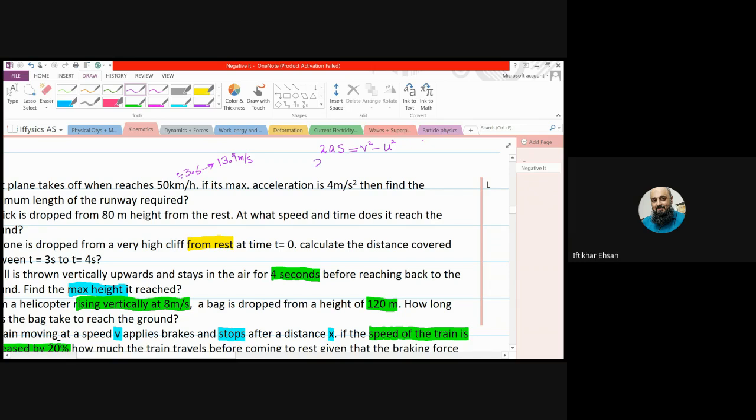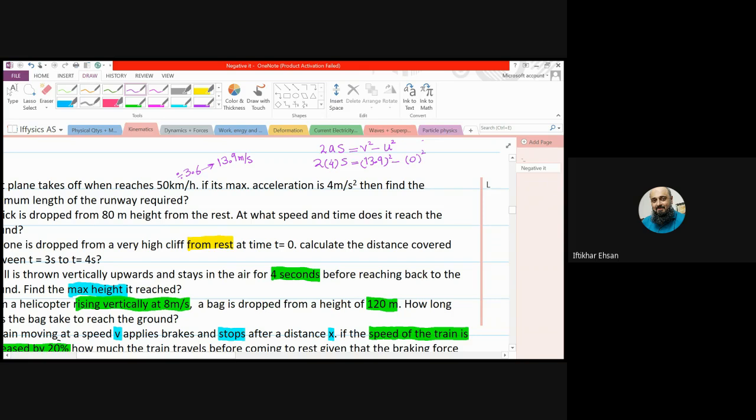Now, substituting the values, acceleration is 4, distance we have to find, the final speed is going to be 13.9 whole square, and as it will always start from 0.